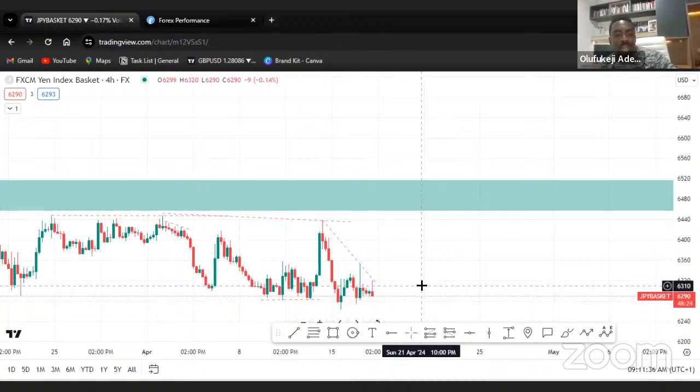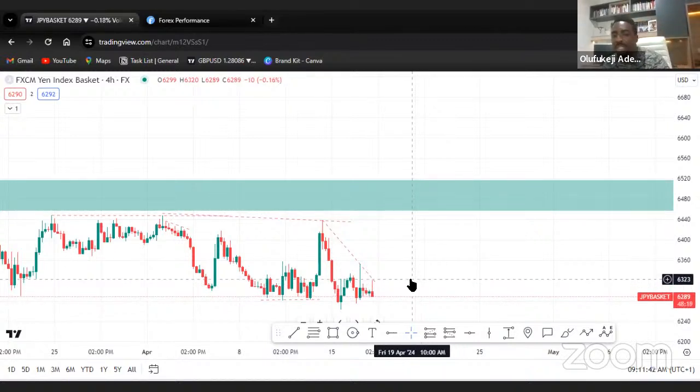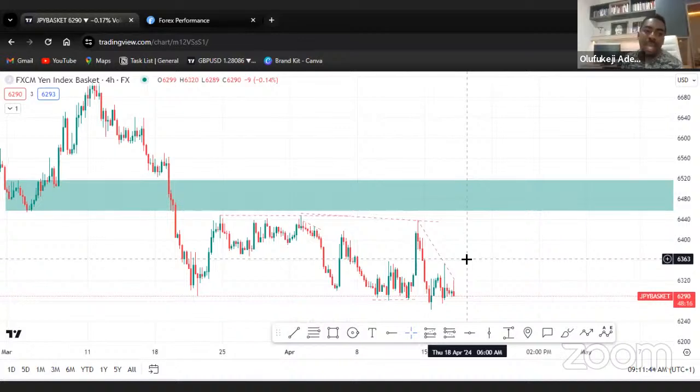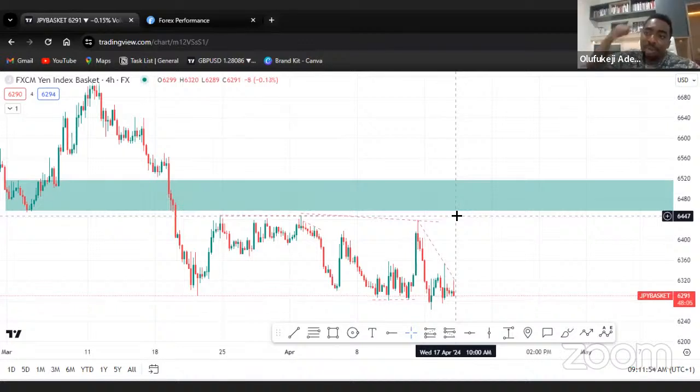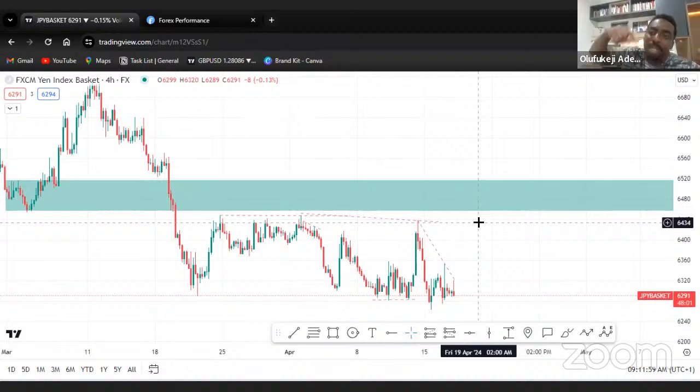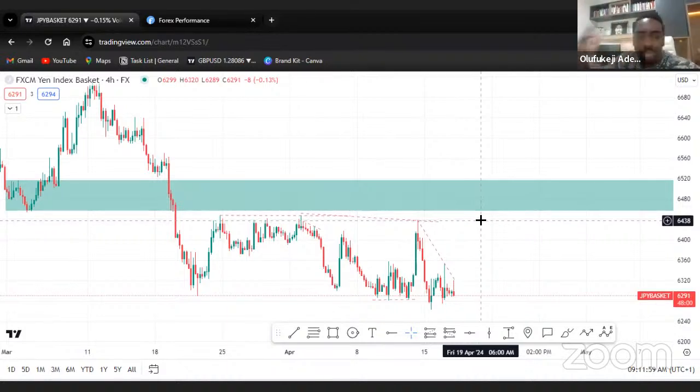If price respects that shoulder, respects that sweep, and goes up to clear that liquidity into that fair value gap that was drawn previously, then we know CHF JPY is not going to fly. Price grabs external liquidity, which is the swing low, then goes up to grab internal liquidity, which is fair value gap. That's how it goes from external to internal.